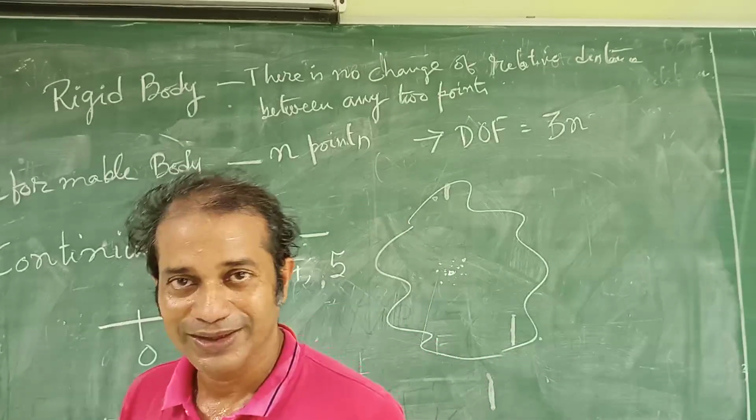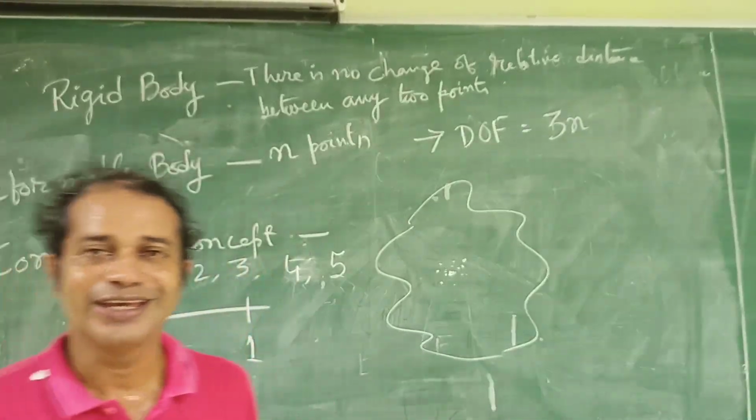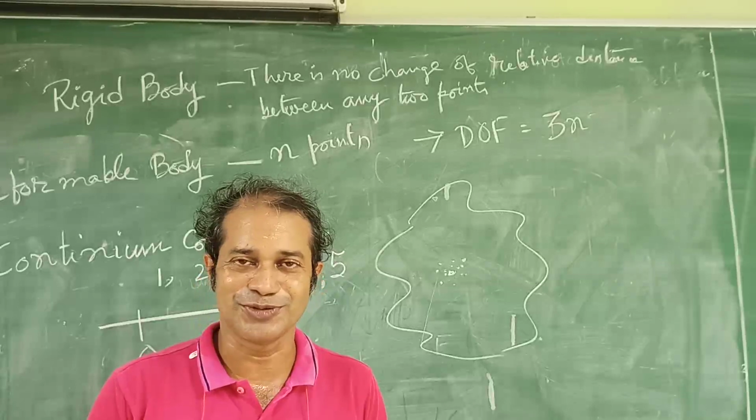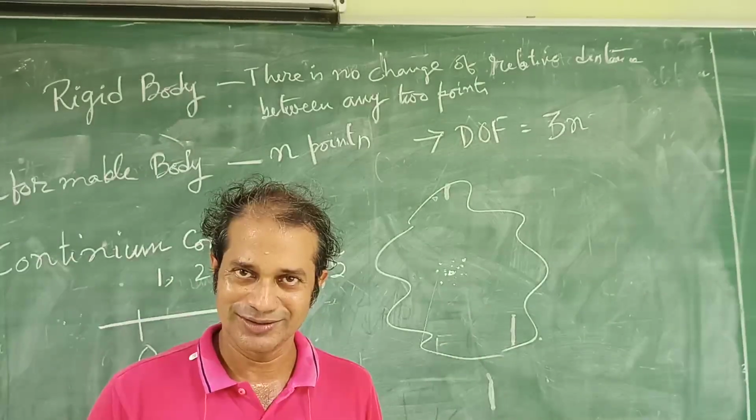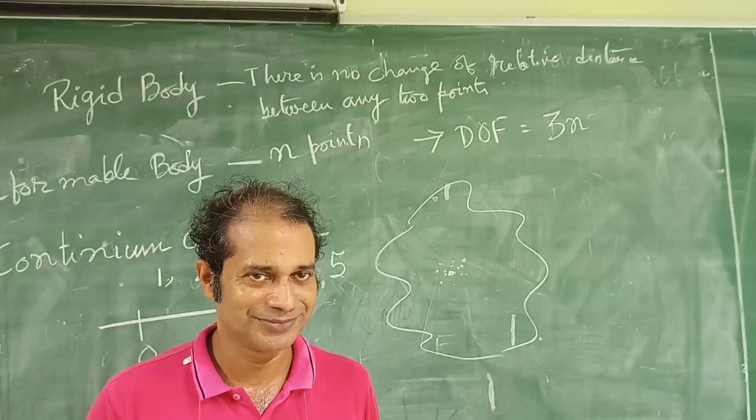A triangle in space has 6 degrees of freedom. The same triangle in 2D motion has 3 degrees of freedom.